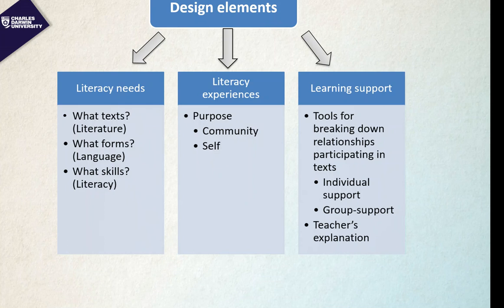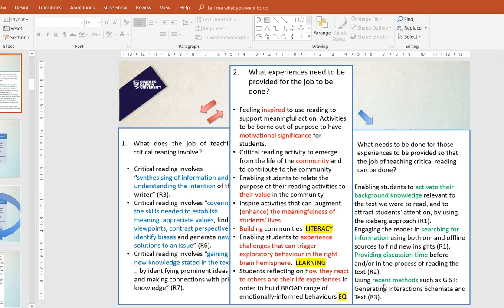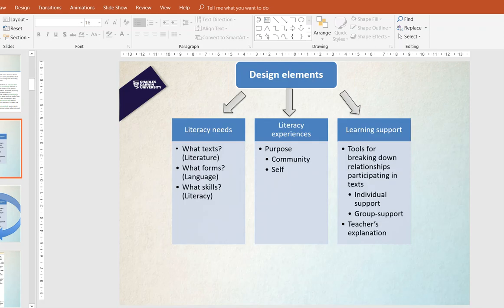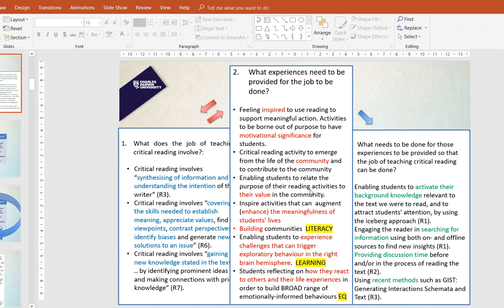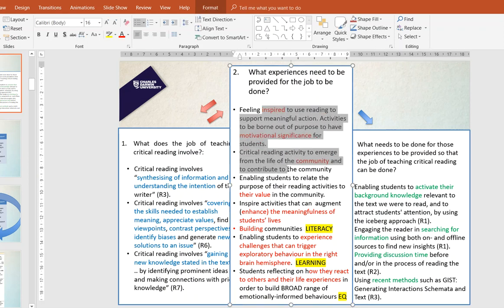So what do we have here? We've done the literacy needs. Now we need to think of literacy experiences. So literacy experiences is easy, right? Because now, once we have all these sources, those materials identified, those resources here, we can run through the list of the experiences we need to actually generate, and let's stay with the literacy for the time being.